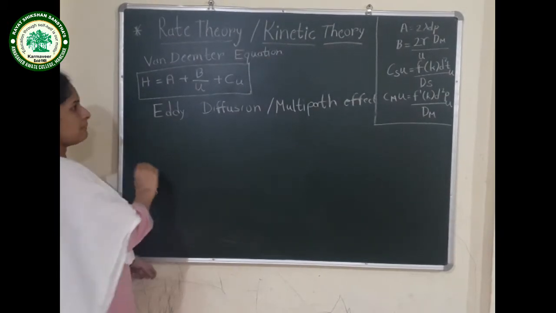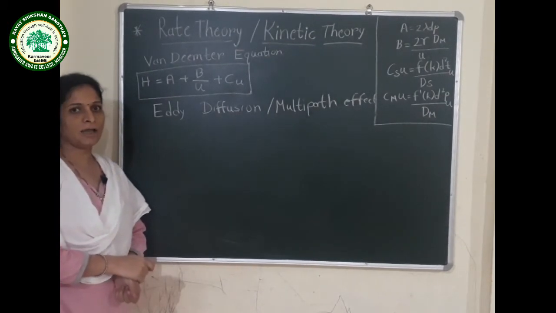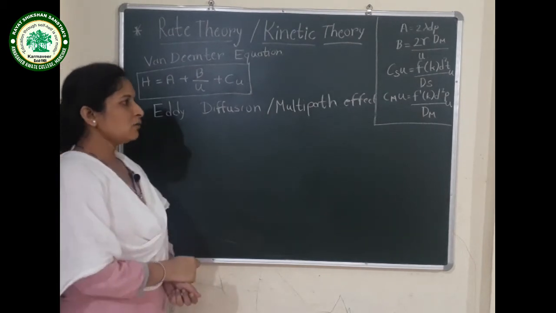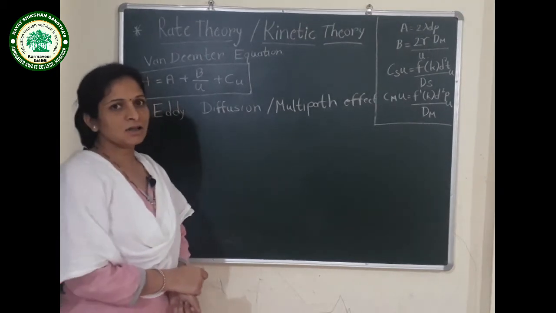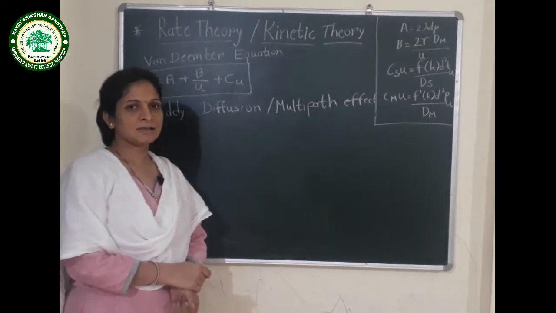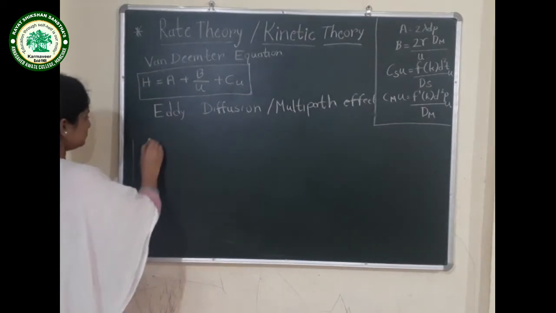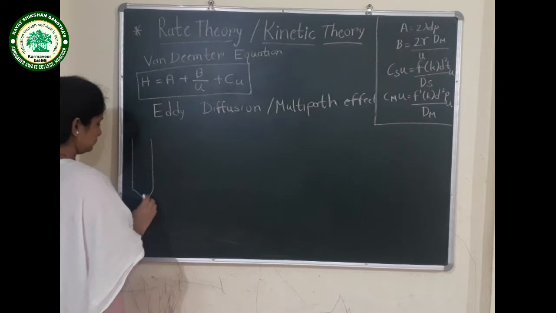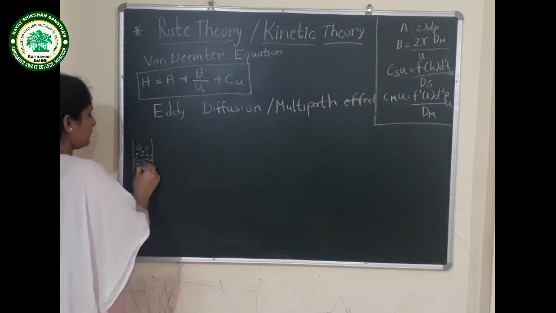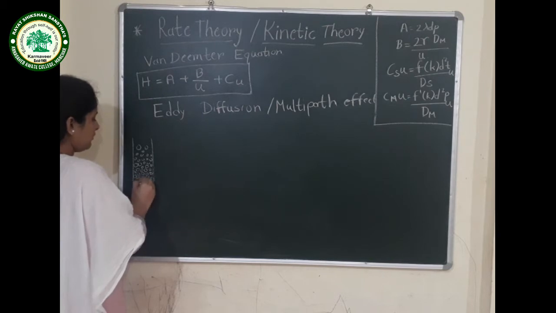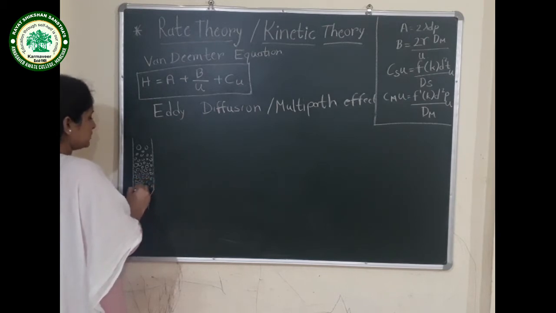Now, what is meant by eddy diffusion? Eddy diffusion is also called multipath effect. Now, when we take one column, this column consists of the stationary phase. The stationary phase consists of various particle sizes. Therefore, if this is the column, it consists of stationary phase packed in this column, and there are particles having various sizes. Due to that, there are various vacancies in these stationary phases.